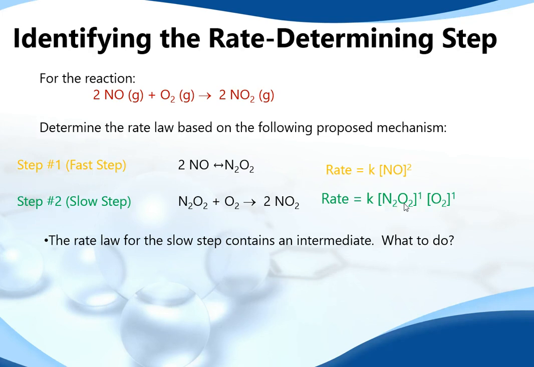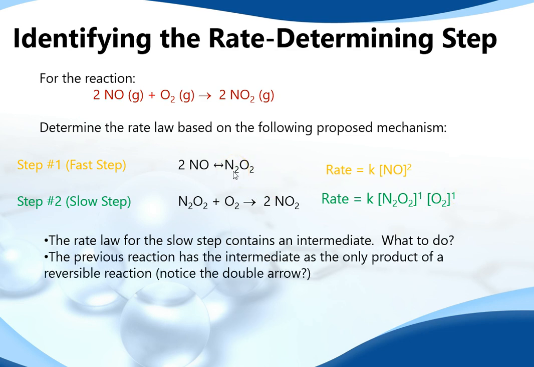Now this step gets a little complicated, so I'll try to go through this a little slower than usual, but it turns out that this top reaction right here has a double arrow, and you might have noticed that, you might not have. The previous reaction has an intermediate as the only product of a reversible reaction, which we'll learn a little bit more about in a couple of weeks. What that means is the rate of formation, how quickly you make N2O2, is based on how quickly you use up the NO. In this case, it's a 2-to-1 ratio.